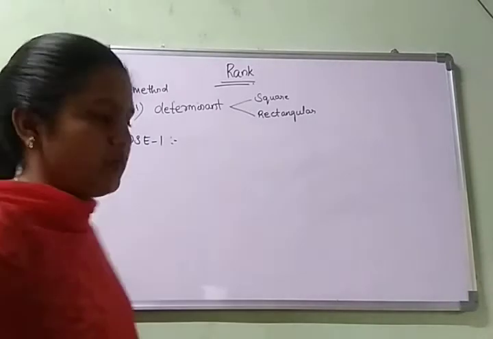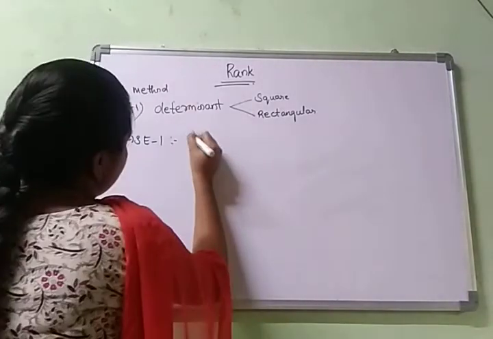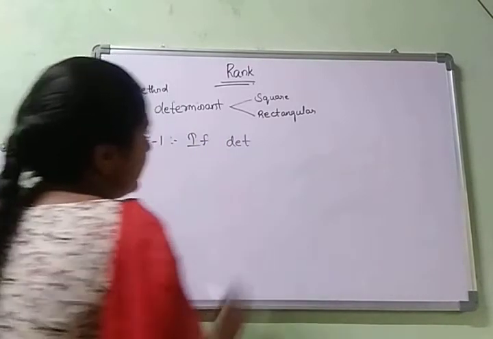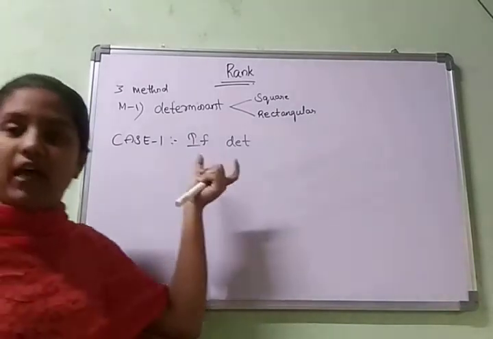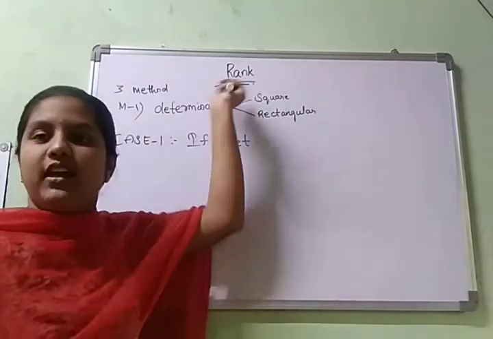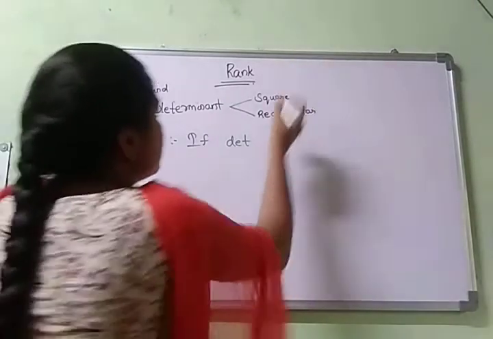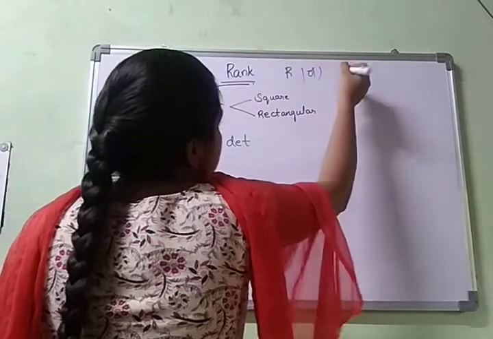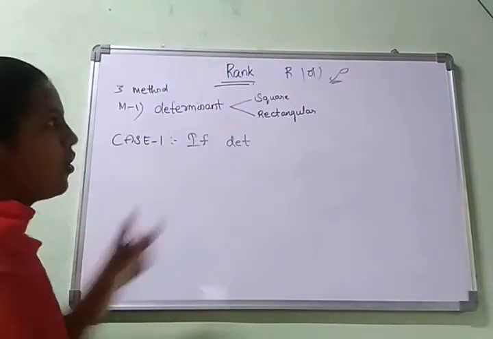One thing I forgot to tell you is about the rank. We have to denote the rank with a symbol, and that symbol is R, or else you can simply write it as rho. So R or rho.